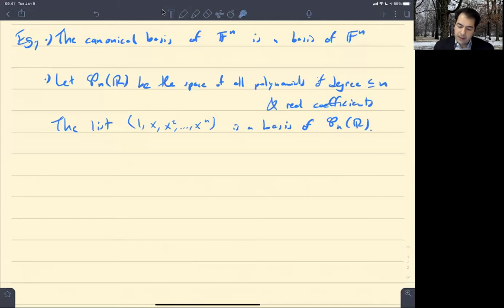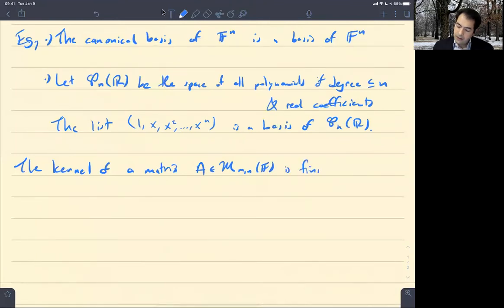Okay, here's another example. The kernel of a matrix of size m by n is finite dimensional. And it is easy to find a basis.